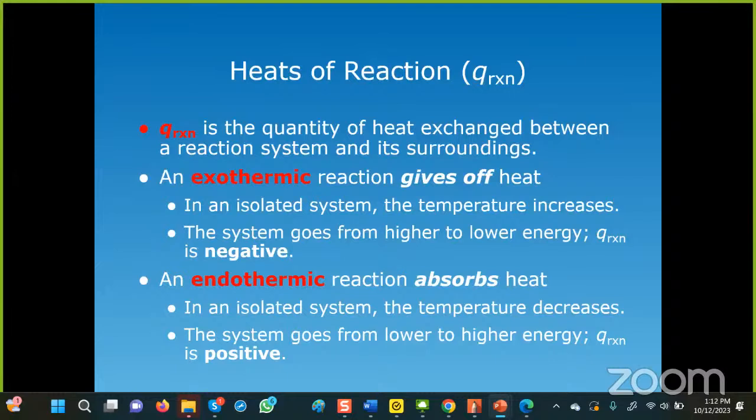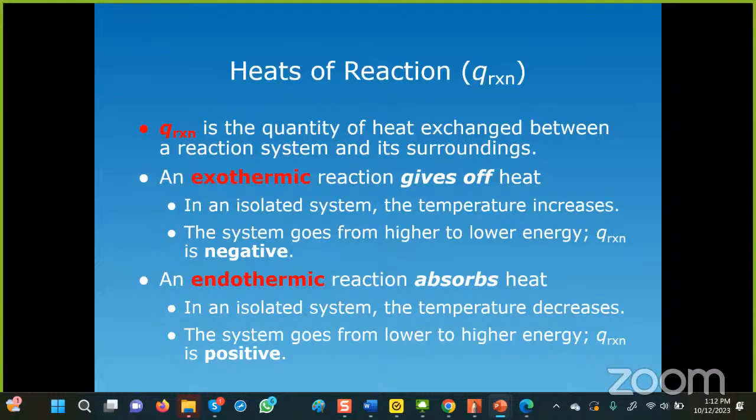And therefore, as a result of the reaction generating heat, the system itself will go from a higher state in terms of energy to a lower energy state, right? So what does that mean? That means that the heat of reaction, Q reaction, is negative, all right? So basically, if a system is giving off heat, the energy of the products will be less than the energy of the reactants, and therefore Q reaction is negative.